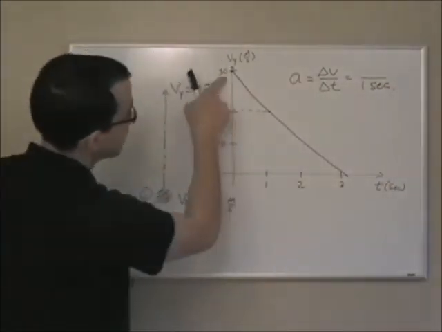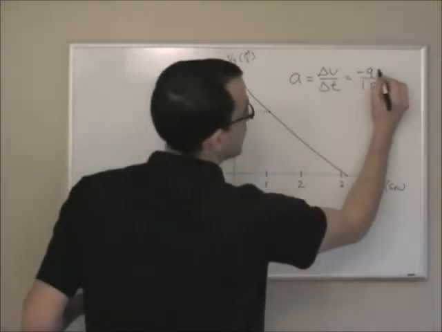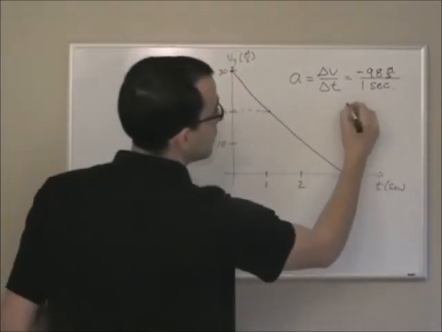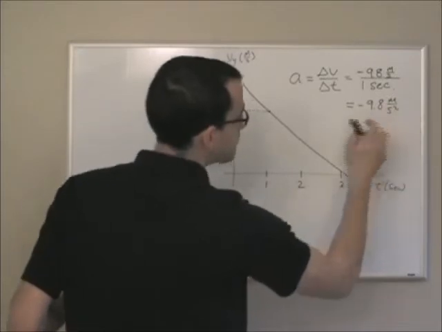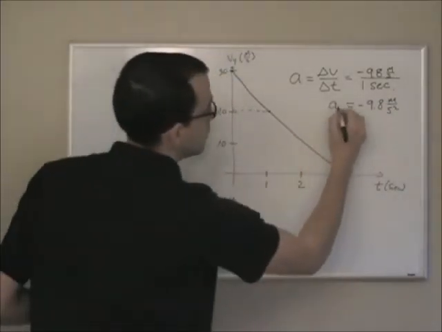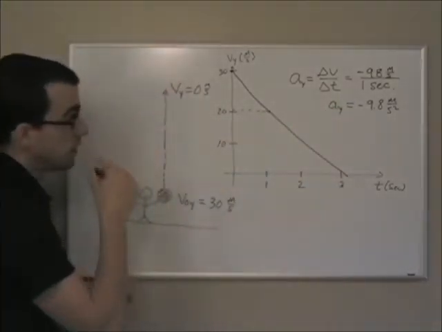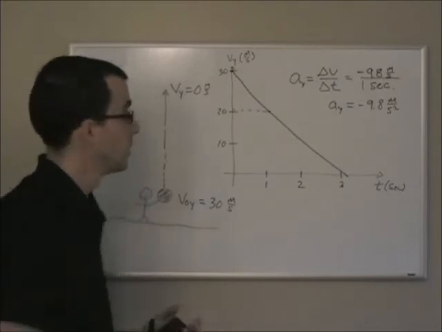And our change in velocity, we're saying, is negative 9.8 meters per second. Okay? And this equals negative 9.8 meters per second squared. And this is acceleration in the y direction. And it turns out that we see with the negative sign that acceleration is pointing downwards.